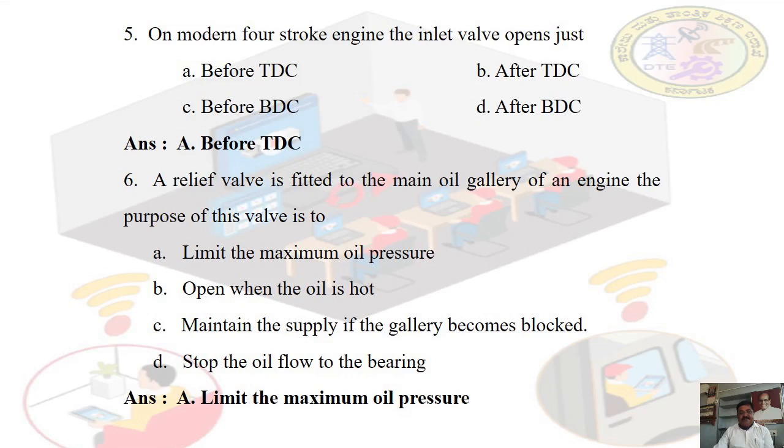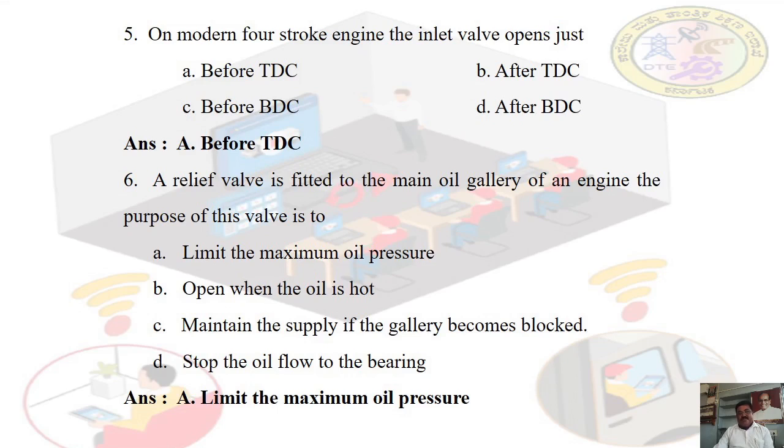Option C, maintain the supply if the gallery becomes blocked. Option D, stop the oil flow to the bearings. Answer is option A, limit the maximum oil pressure.